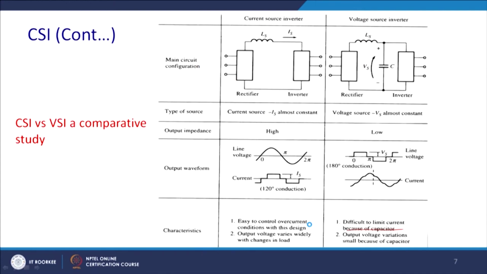Now, what are the differences between the current source inverter and the voltage source inverter? One is that you generally have a rectifier, or if you have a battery or a solar panel having constant irradiation and temperature, then you can consider them as a current source, and then you have a huge inductor.